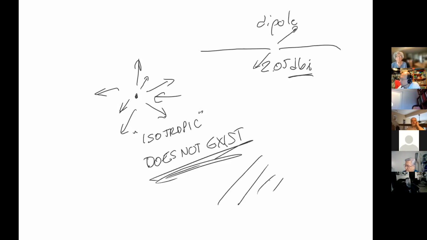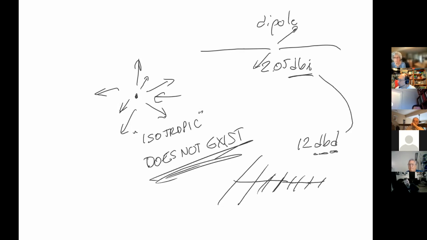So let's say this is a beam antenna. We're going to make an 8-element beam antenna, and we might say this has 12 dBd. That D means that it is 12 decibels better than a dipole.